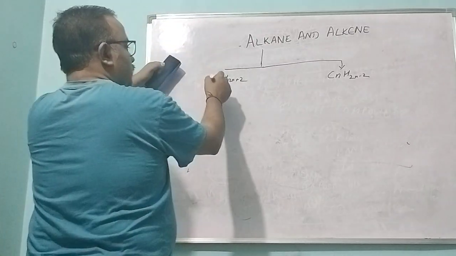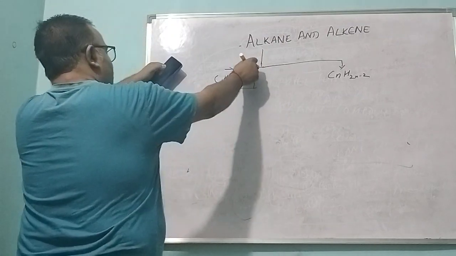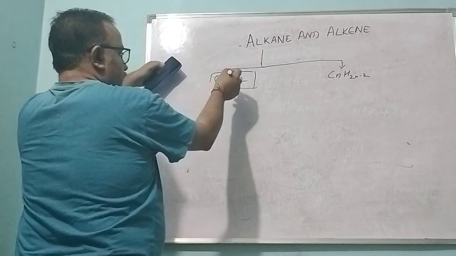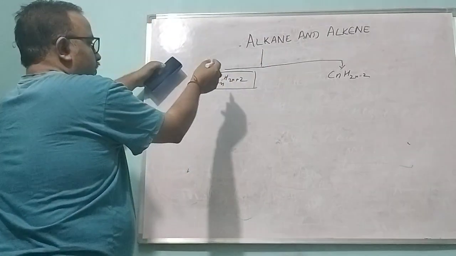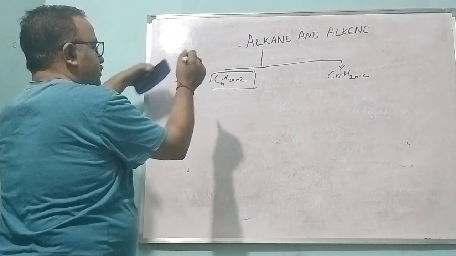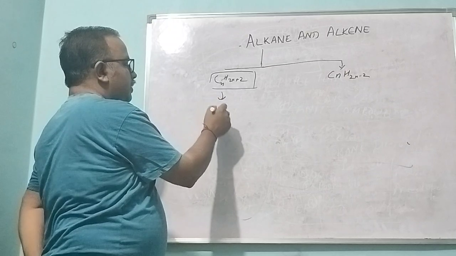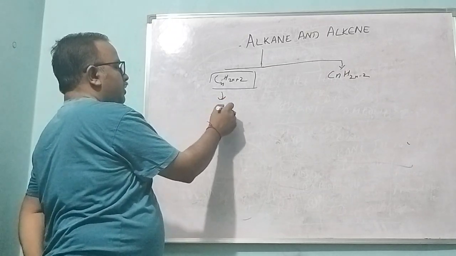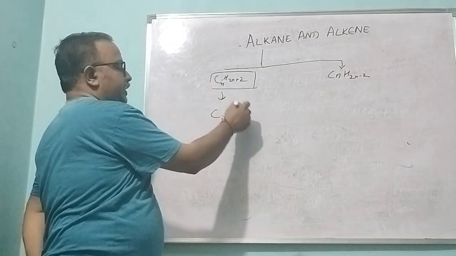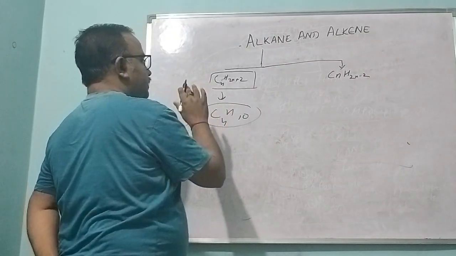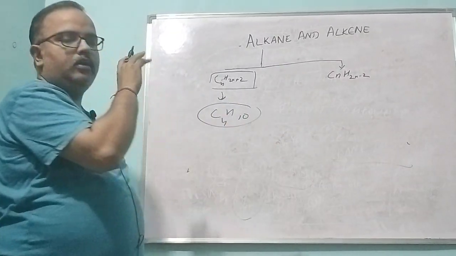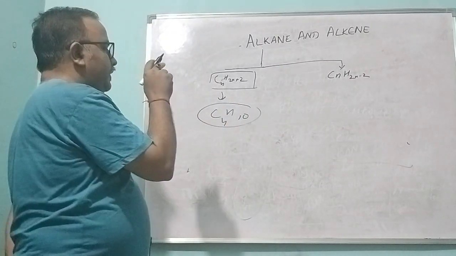Okay, so you see this alkane. The way this alkane is formed, the generic formula that I am giving you here is CnH2n plus 2. What I mean by this formula is, let's say I take a C4 H10. So these alkanes are saturated in nature.